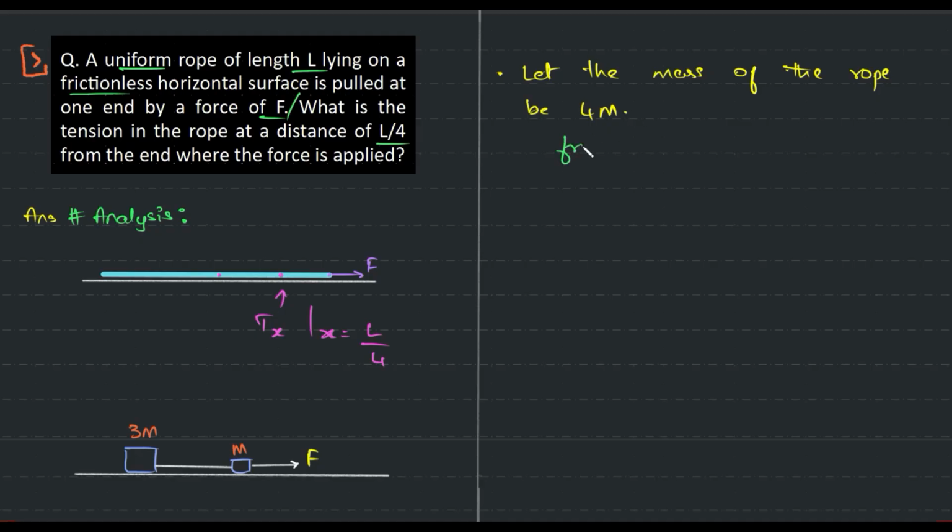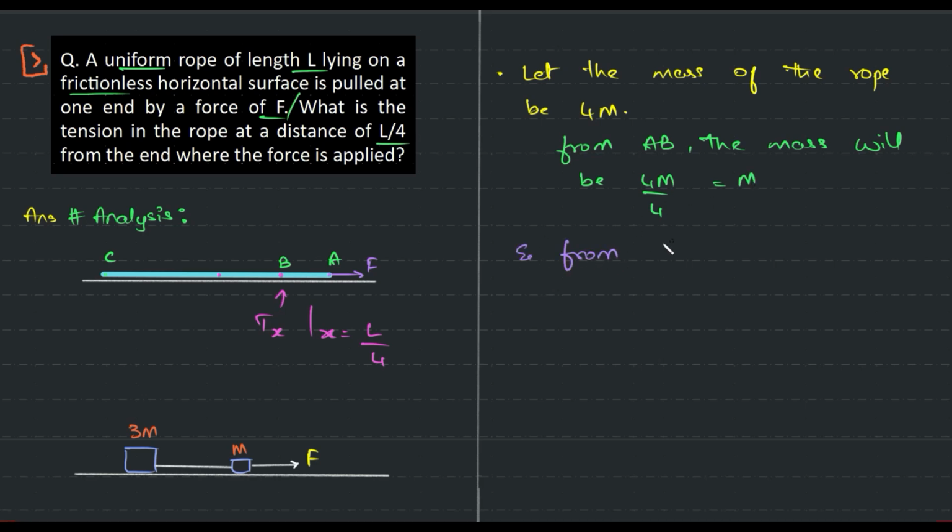So from point A to B, and say this is C, from A to B the mass will be 1/4 of 4m, that is m.